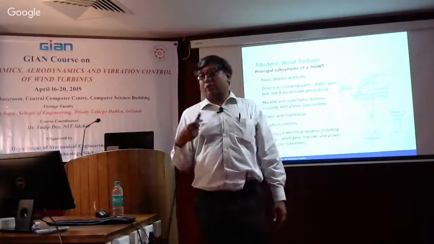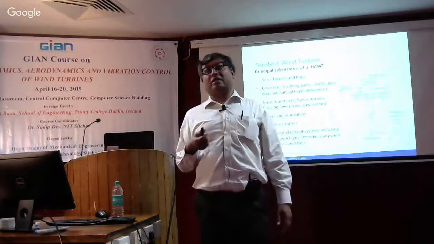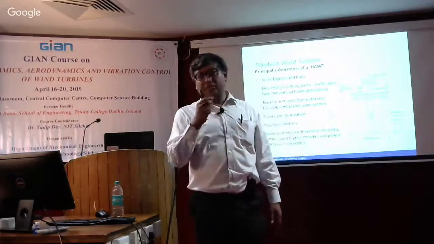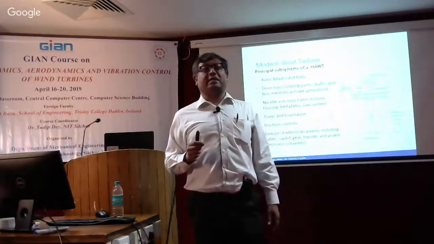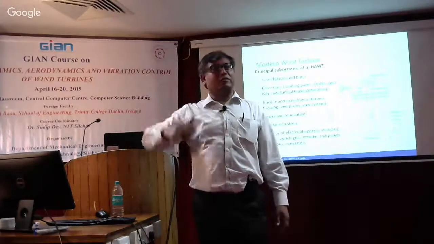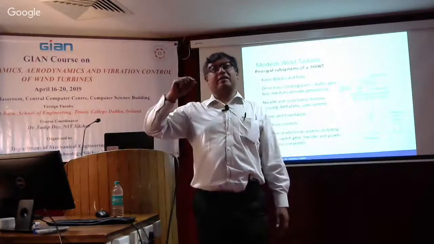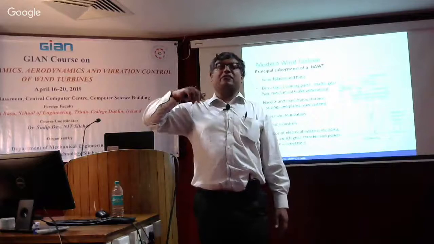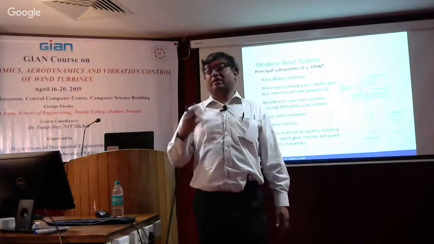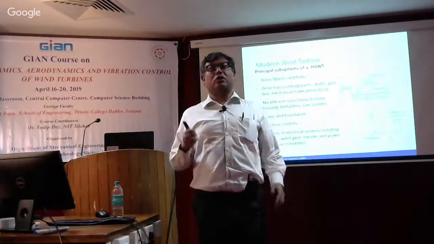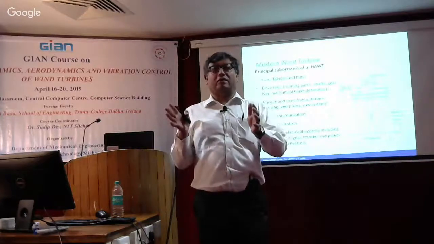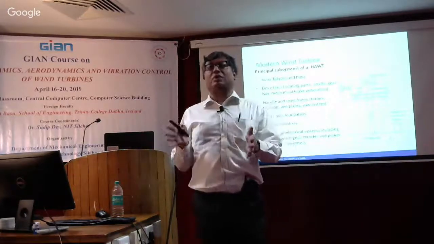What we generate essentially is a current and a voltage, and they have some specifications: the voltage has to be 220 volts, the current has to be a certain ampere, and the frequency of oscillation has to be 50 hertz. All these are required for proper clean power generation.